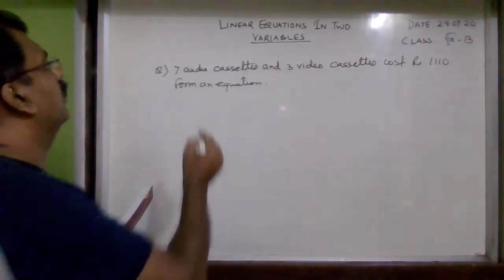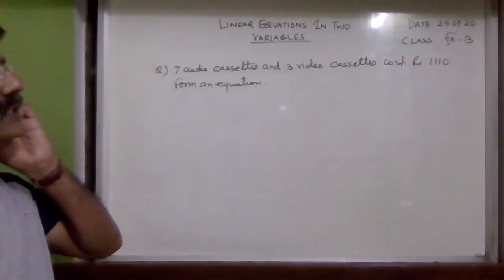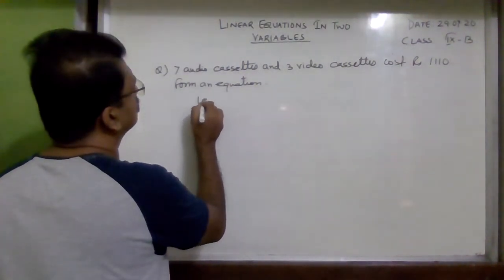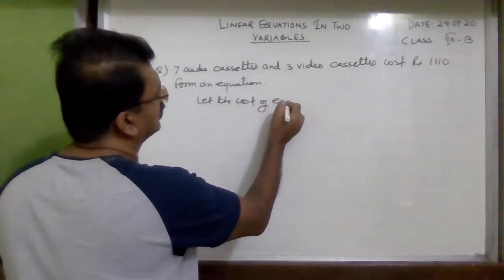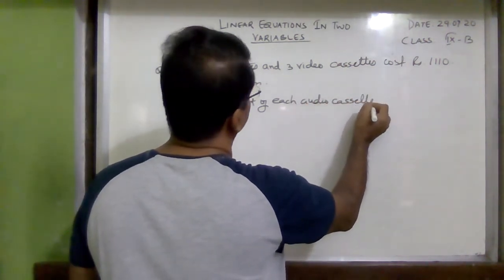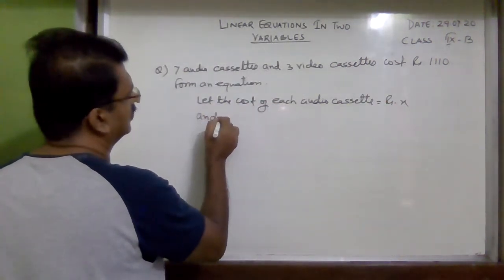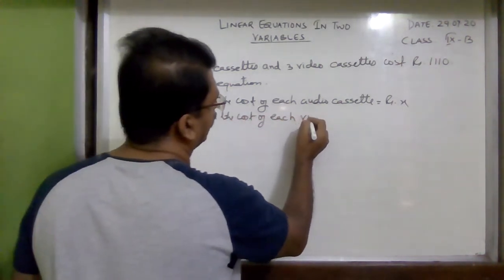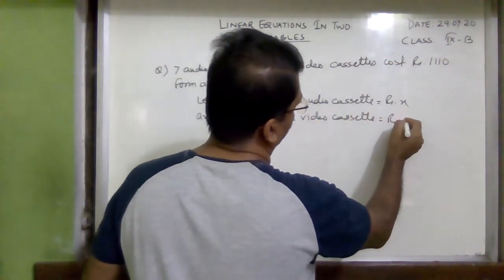Okay, 7 audio cassettes and 3 video cassettes cost ₹1110. Form an equation. Let the cost of each audio cassette be ₹x and the cost of each video cassette be ₹y.